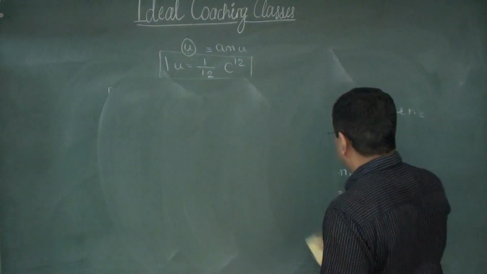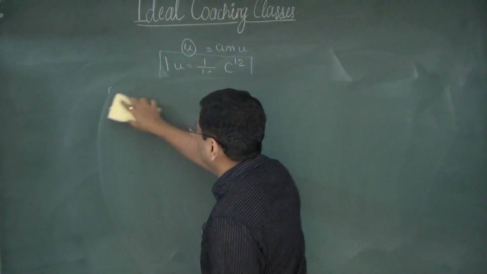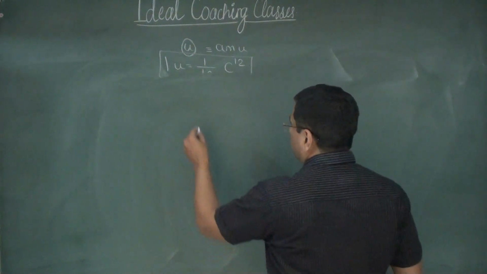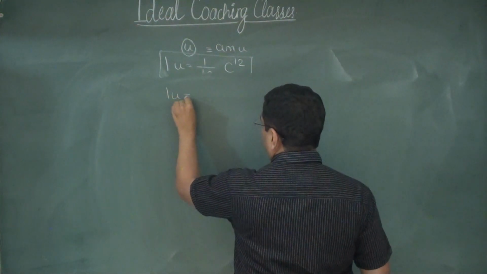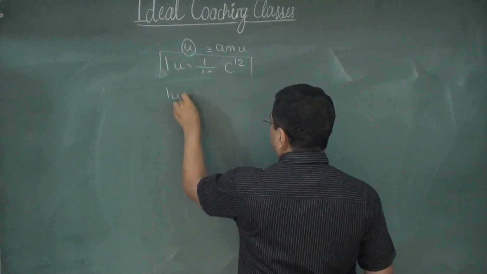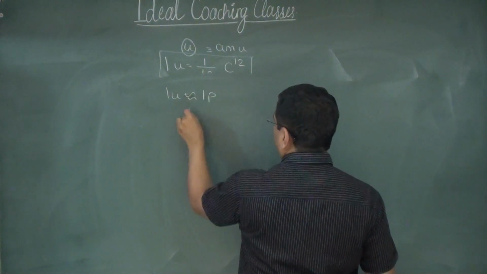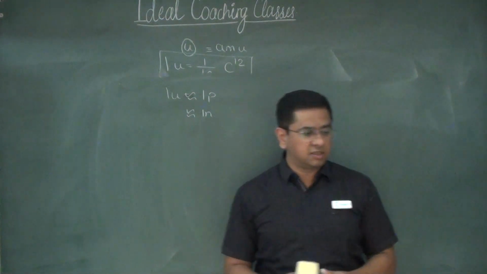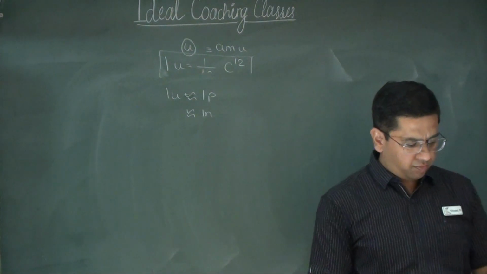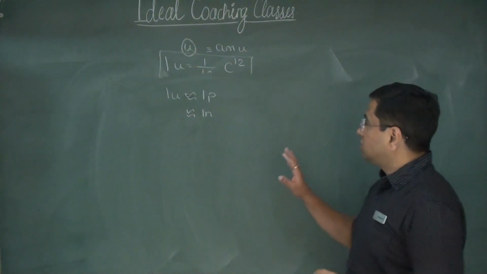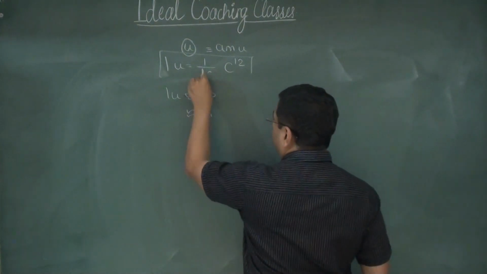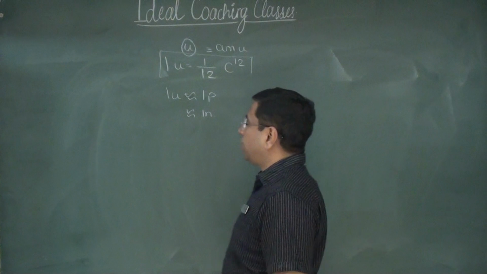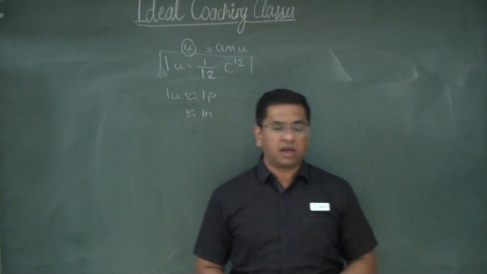Generally on a very raw scale, I'll say one unified unit is approximately the same as the mass of one proton, or approximately the same as the mass of a neutron. Okay, so just remember that one unified unit is 1/12 the mass of C12 isotope of a carbon atom.